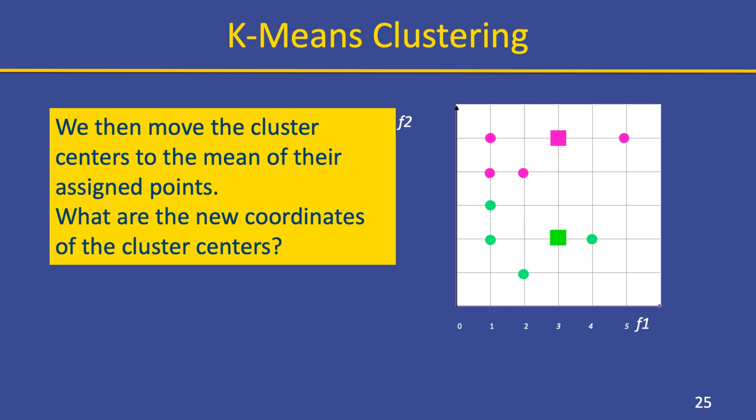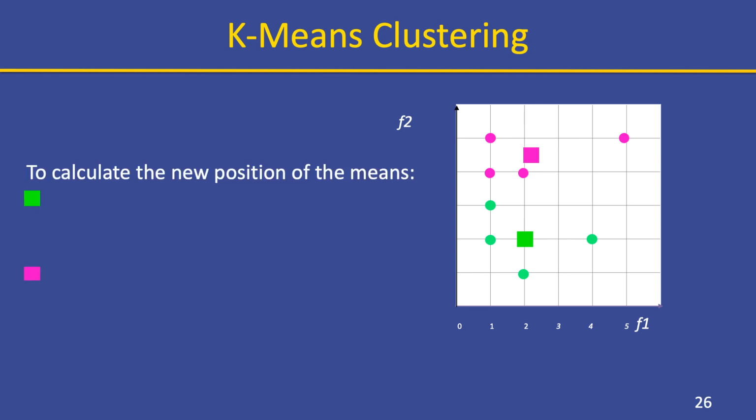We then move the cluster centers to the mean of their assigned points. What are the new coordinates of the cluster centers? So we basically compute the means. For the green cluster center, we compute the average of the coordinates of the points that are assigned to it. So here for the F1 coordinate, we have 1 plus 1 plus 2 plus 4, and we divide by 4. The new F1 coordinate of the mean is 2. And for the F2 coordinate, we do the same.